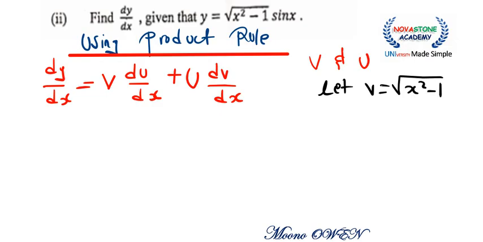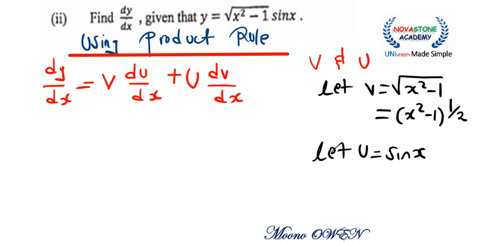Now I can simplify this further: the square root is the same as a power of a half, so v is (x squared minus 1) to the power of a half. Then we're going to let u be equal to sine x.